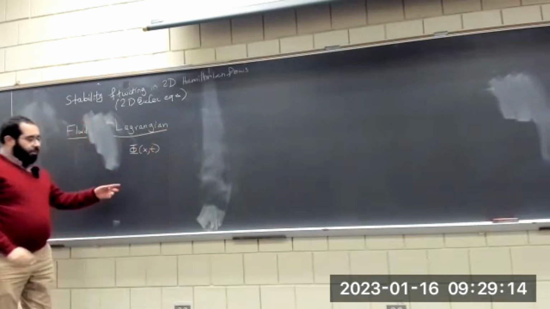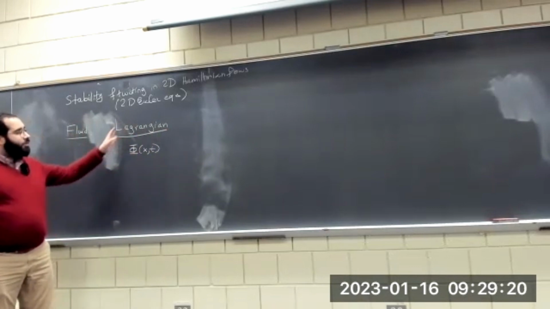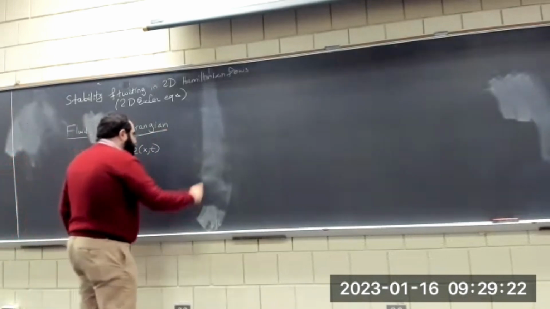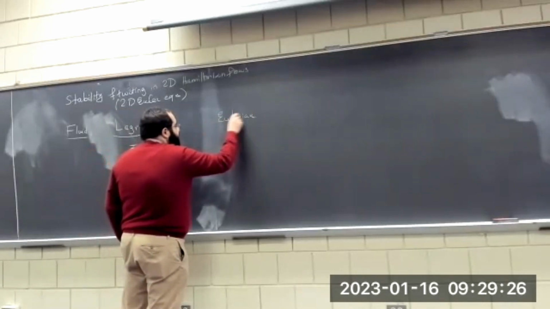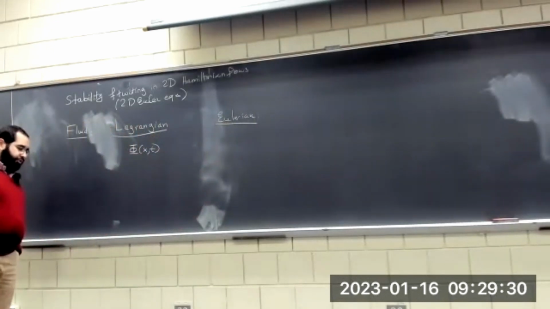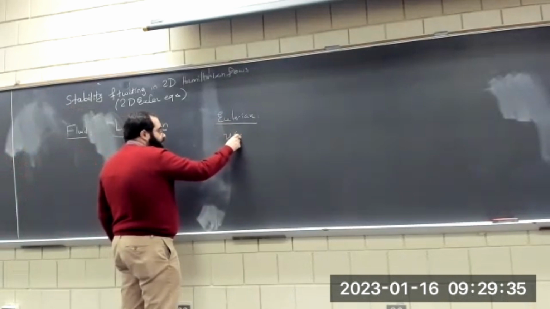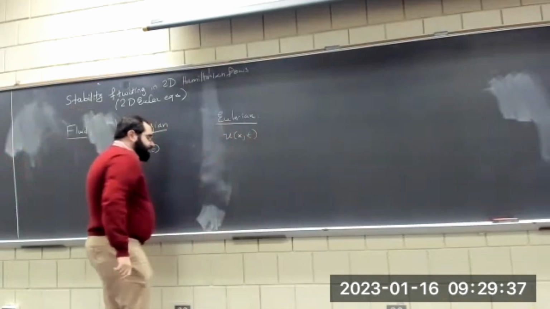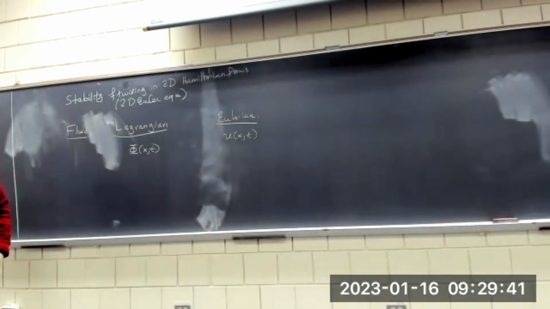We have markers for each particle. The particle starts at point X at time 0, and we look at where the particle goes. And then there's the Eulerian view, where we fix a point and a time, and we just track how the velocity or vorticity or whatever changes at that point.